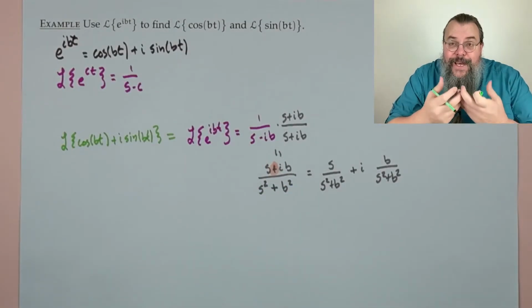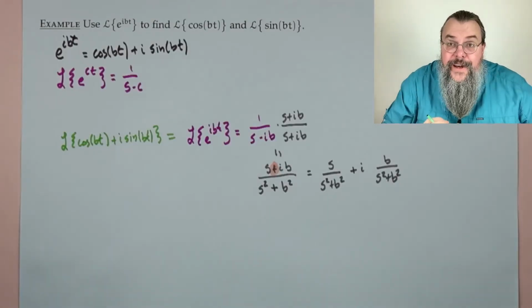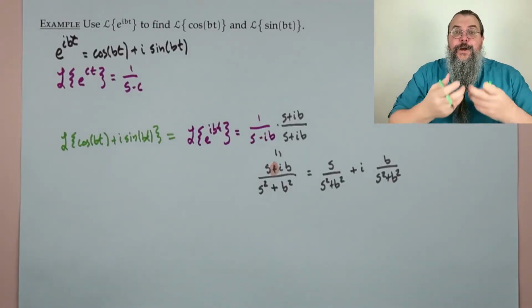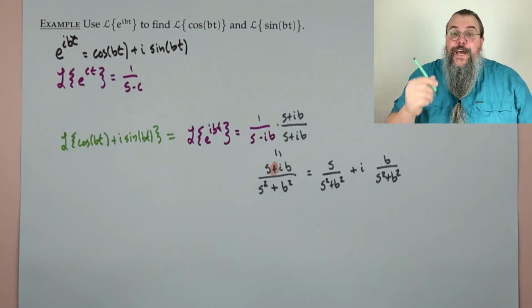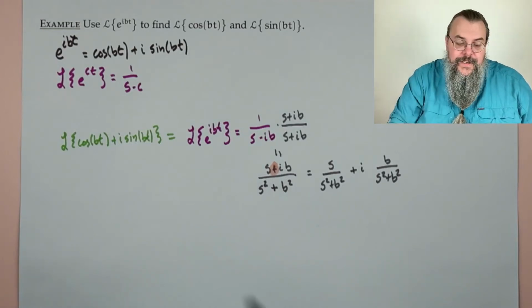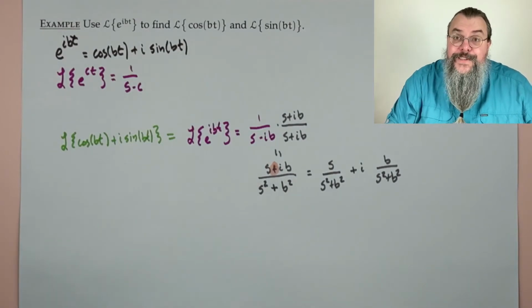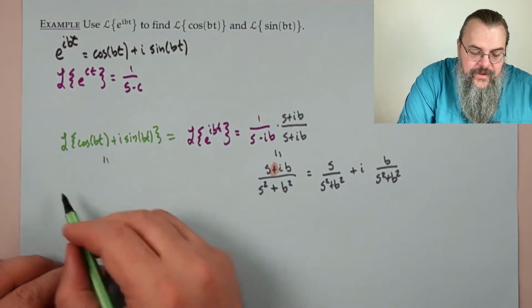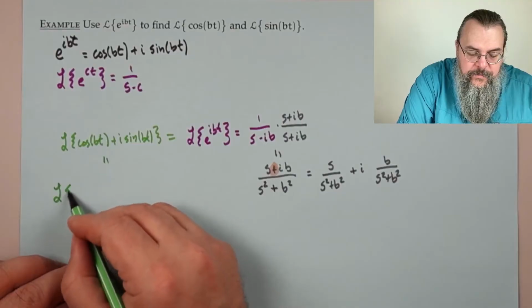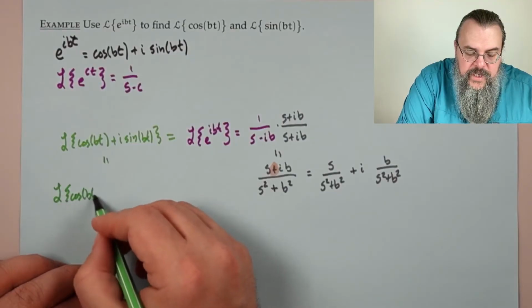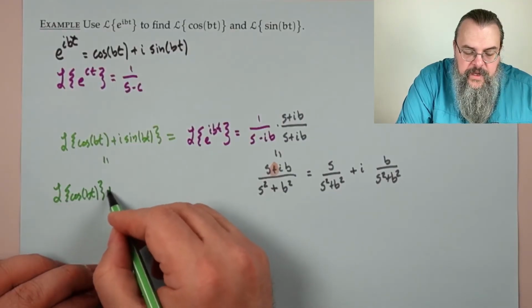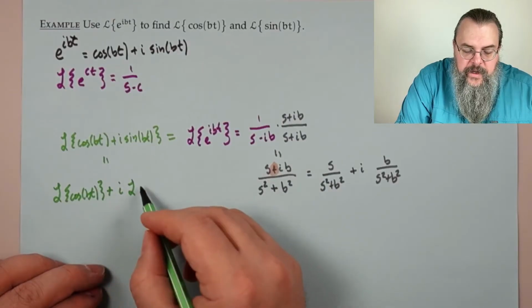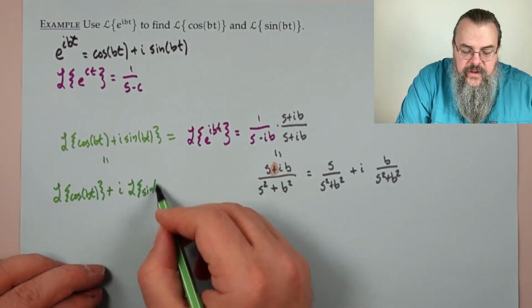Now we use the fact that Laplace is nice, linear. You can break up over addition and pull out constants. i is a constant, so we can pull that constant out. So I say, okay, this is the same as the Laplace transform of cosine bt plus i times the Laplace transform of sine bt.